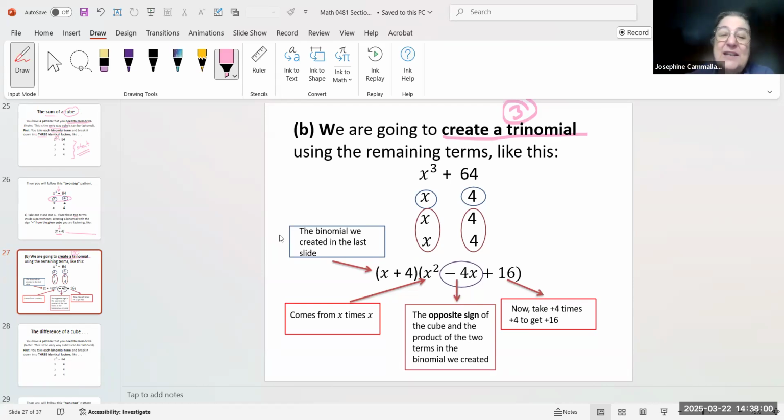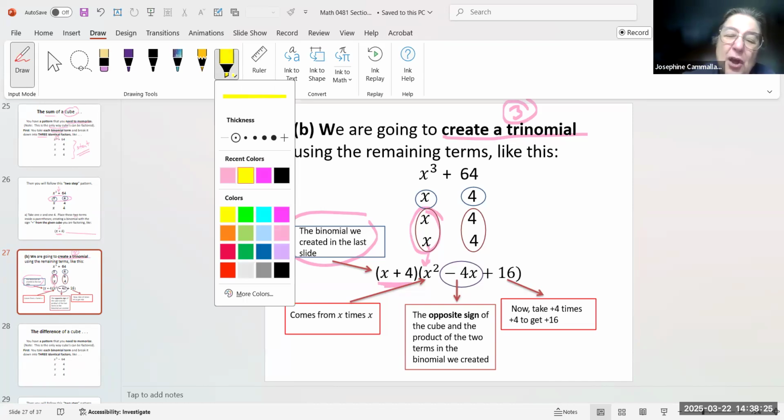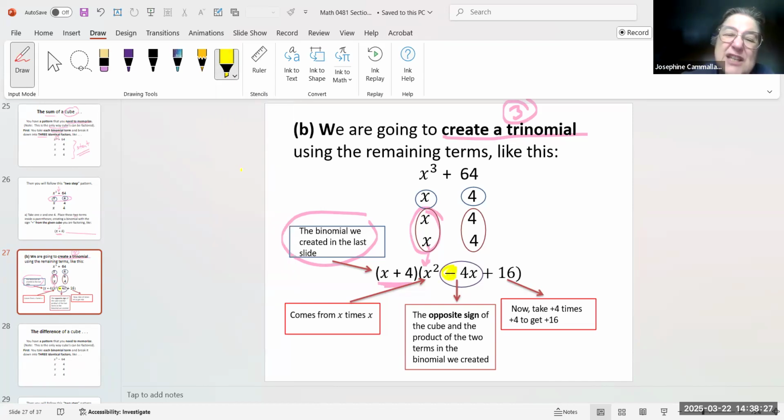And how do we get the trinomial? Well, as you see, this is what we got in the last slide, x plus 4. How do you get the trinomial for the cube? Well, you see those two x's we didn't use? We're going to multiply them. Now, the cube trinomial always changes the sign. It was plus here.